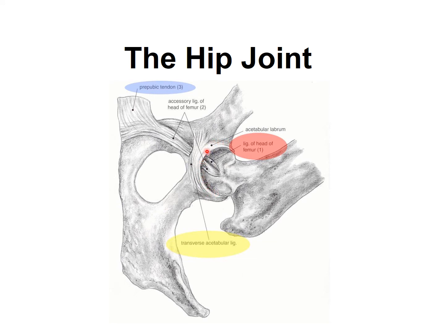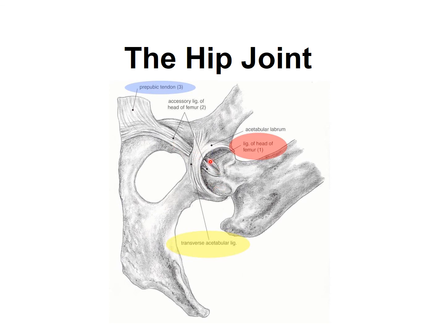So these structures, one that's coming from the abdominal muscles, one that's going from the head of the femur. Realize, please, the direction of the tendon. This tendon of the accessory ligament of the head of the femur is going toward the femur from the abdominal muscles. The ligament of the head of the femur is going from the head of the femur toward the acetabulum.